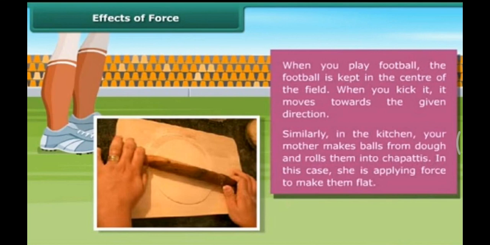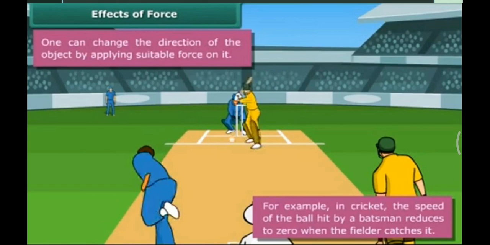In this case, she is applying a force to make them flat. One can change the direction of an object by applying a suitable force on it. For example, in cricket, the speed of the ball hit by the batsman is reduced to zero when the fielder catches it.